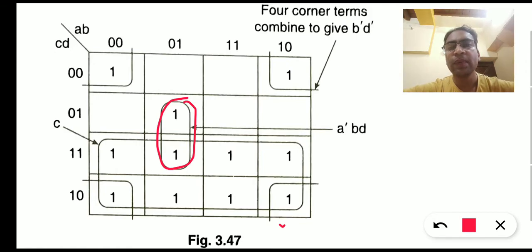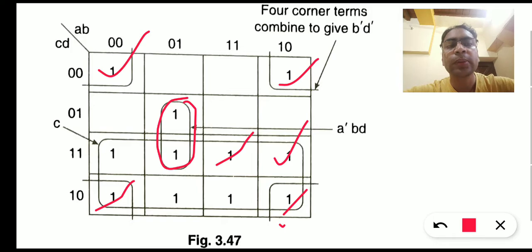The next step is finding the quad. Yes, this is a quad, the 4 corners give you a quad, and we do not have any other quad. Why are we not forming a quad using these 4 ones? Because these four are already involved in an octet, so we will not form a quad with these, and we will simply use this quad.